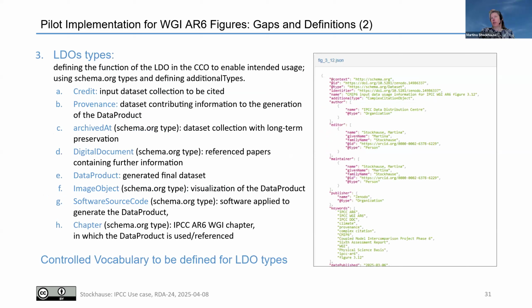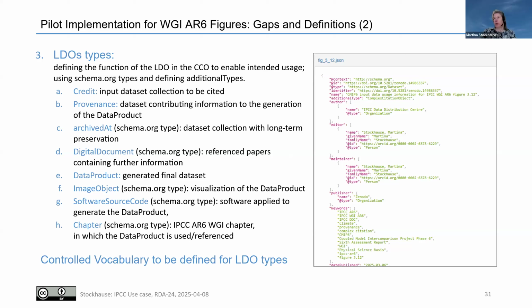We thought that if this complex citation object contains so many different kinds of digital identifiers, we need a flag or a type assigned which says how to interpret this linked digital object. So we have the DOIs for the CMIP6 data where the credit should be assigned.